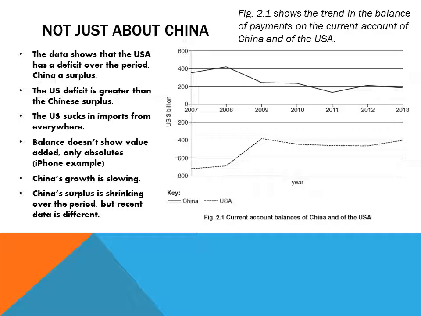And one thing you must bear in mind is the balance of trade figures here show only the absolute value in money terms of the product that's sold. So when an iPhone assembled by Foxconn in China is sold to America, the full value of that iPhone is represented on the balance of trade. But actually that's not the added value, because the Chinese have had to import very many components of the iPhone.